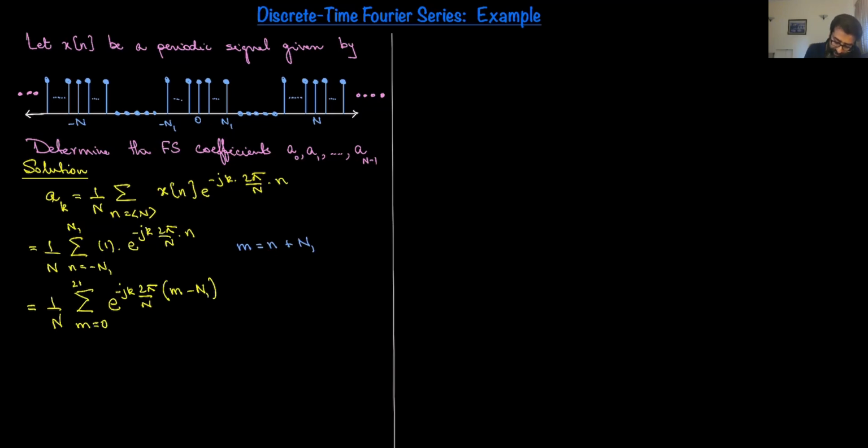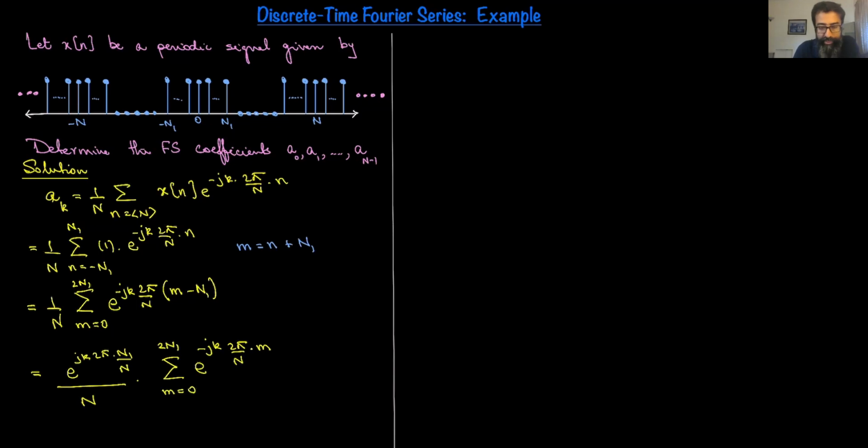So the summation really goes from 0 all the way up to 2 times N1, and so this is equal to e raised to the power plus j k 2 pi times N1 divided by capital N, multiplied by a summation, which is m going from 0 to 2 N1 of e raised to the power minus j k 2 pi by capital N times m.